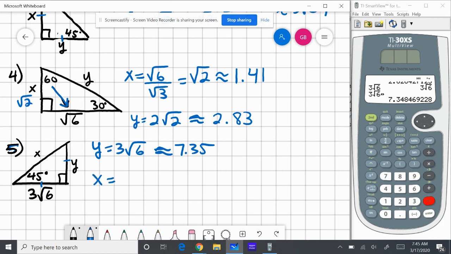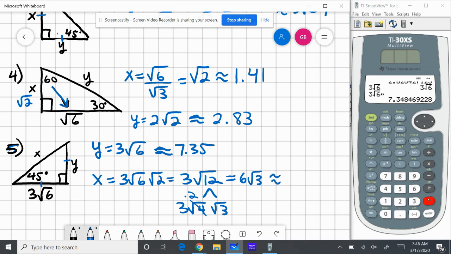To find x, we're going to multiply 3 square root of 6 times the square root of 2, which is now 3 square root of 12. But now you could simplify this radical. This is 3 square root of 4 times the square root of 3. The square root of 4 is 2. So 3 times 2 is 6 square root of 3, which is approximately 10.39.